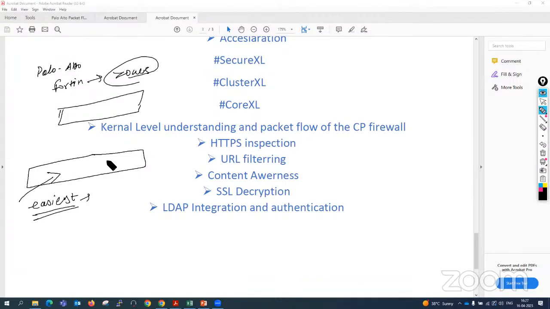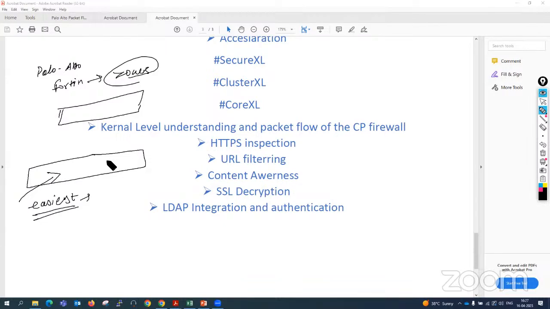Security level is equivalent to all the other firewalls like Checkpoint, Palo Alto and Fortinet. There is no compromise on the security level. The question is, why should we use Checkpoint? There is no hard and fast rule that you should use Checkpoint, but it depends on the level of requirement.